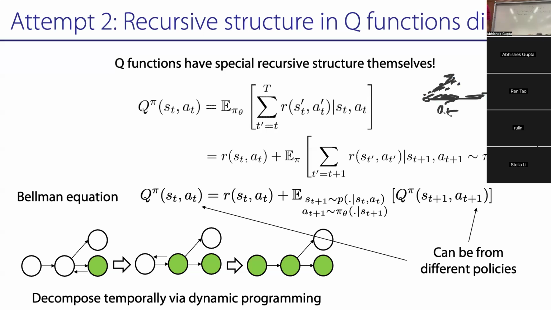In your Q function, you can stick in something that doesn't act according to the policy or according to the most likely things in the policy. You can stick in whatever you want, and after that, you have to follow the policy. So what allows this to work is just that separation between the first action and the other actions.